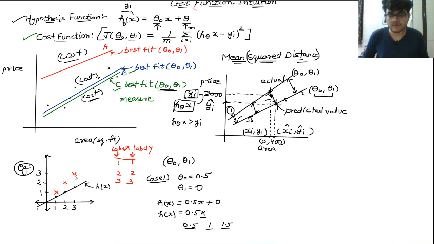So what will be the cost? You can see here the distance will go from this point to this point, and this point to this point. Because this is a graph, we can easily find out these distances. So what are these distances? This distance will be 1 minus 0.5. So h of theta x minus y i.